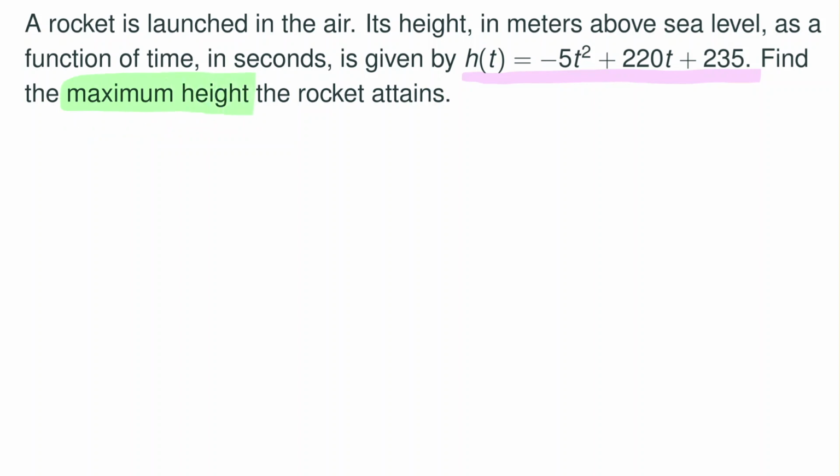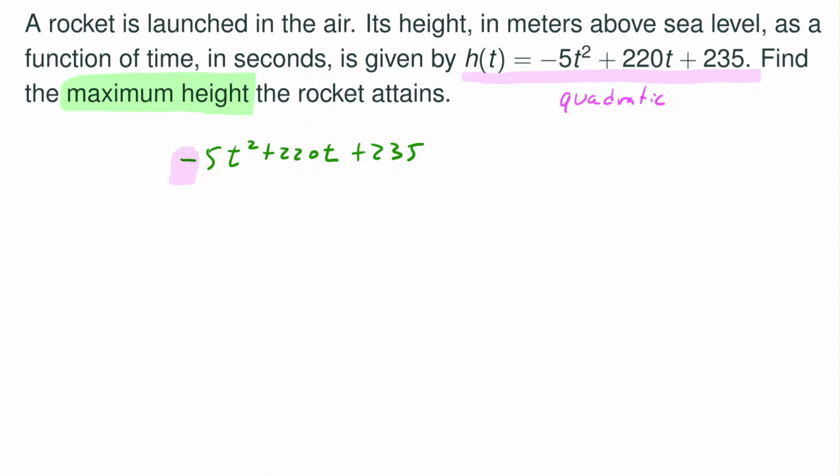attains. So here, what we have to recognize is that this is a quadratic function. Okay? Quadratic means the highest degree is 2. And so let me write this here. Since we have negative 5t squared plus 220t plus 235, we see that right here is a negative coefficient.